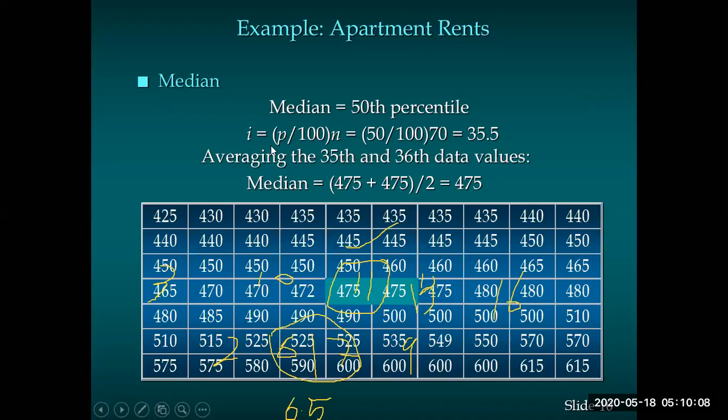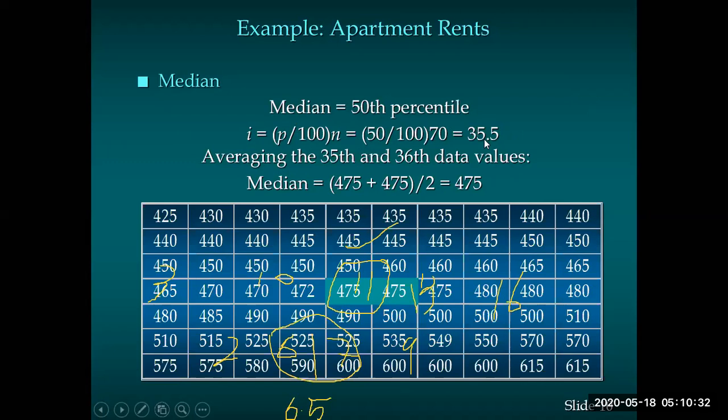Now, what is this positioning rule? It is i equals P by 100 into n. Now, what is P? P is the 50th percentile. Median is the 50th percentile. So you put 50 here by 100, that's 0.5, multiplied by 70. What is 70? Number of observations. So what do we get? We get 35.5.